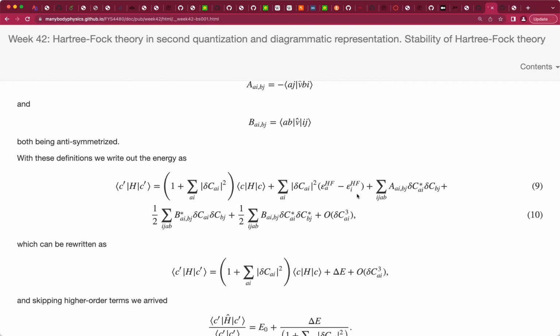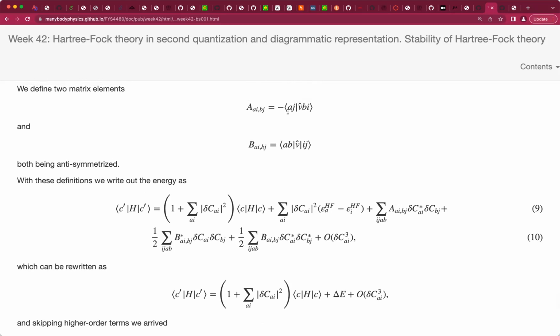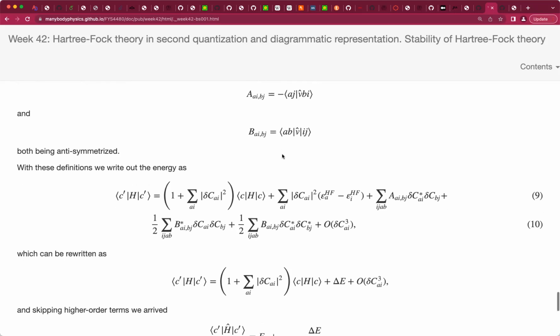And then we have the collected terms with delta C_i multiplied with this term. We have these matrix elements here, ⟨AJ|V|BI⟩, the one with a minus sign. And then we had the other ones with a plus sign, which now enter the definition of the matrix elements B here. So we have the B Hermitian conjugate, and then we have the other matrix element here.